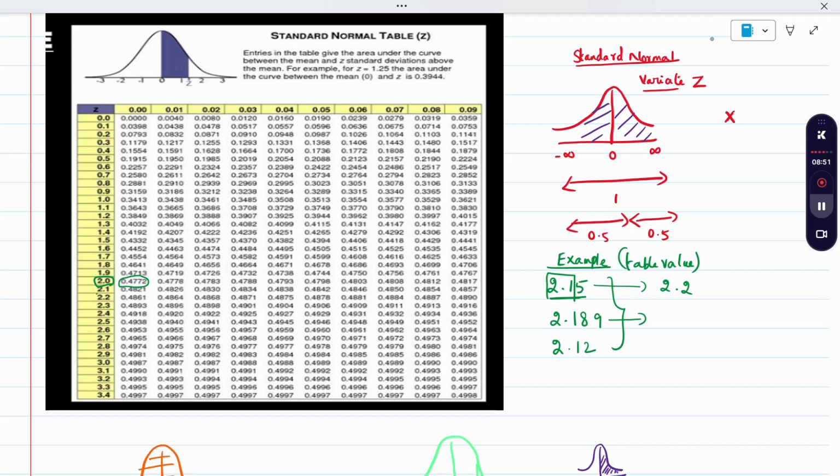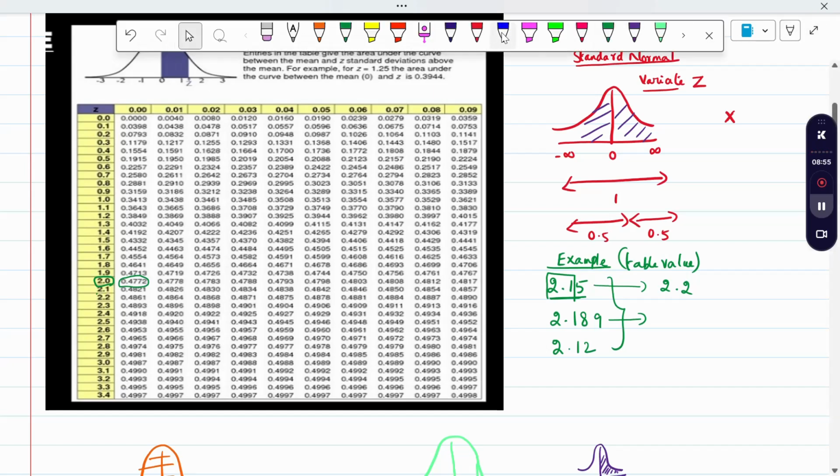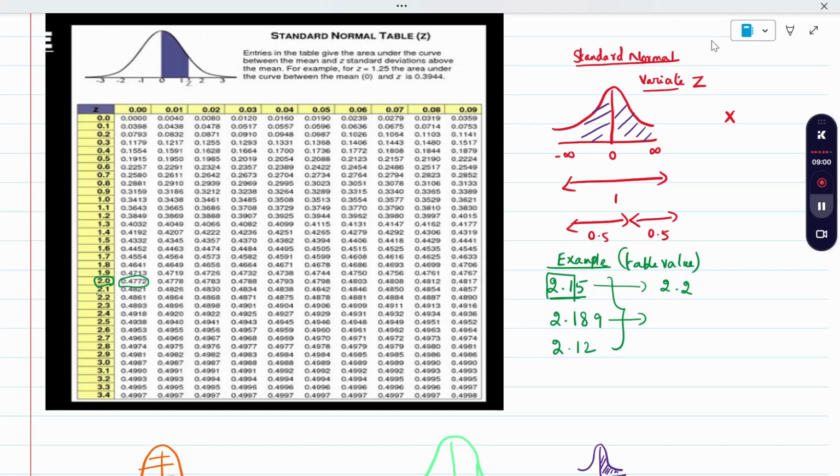I'll show you in some other color, like blue. You can see 2.2 at 0. You can see the table value, 2.2 at 0. It's nothing but 0.4861. That is one of my answers.